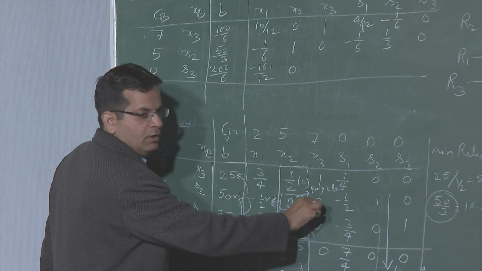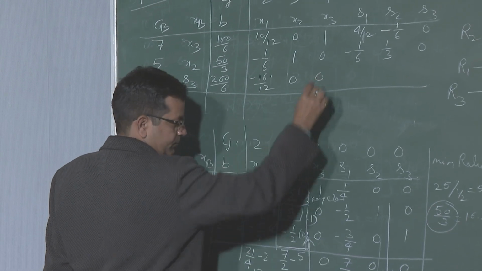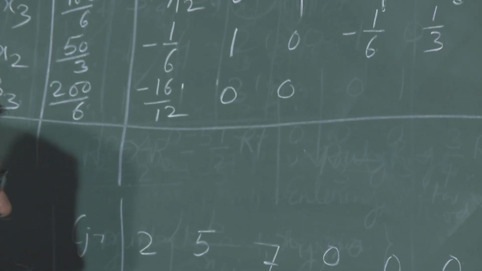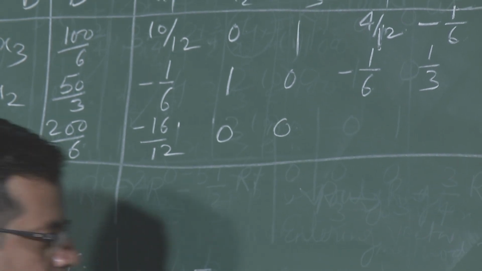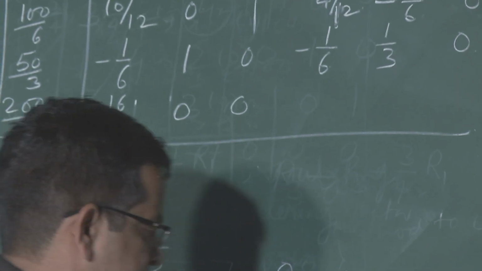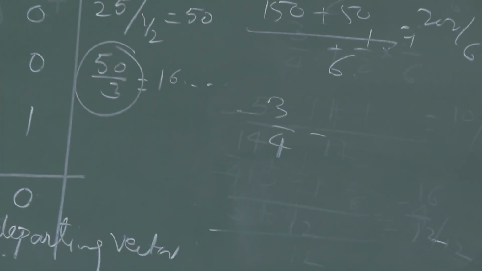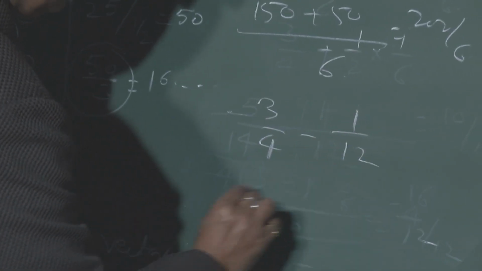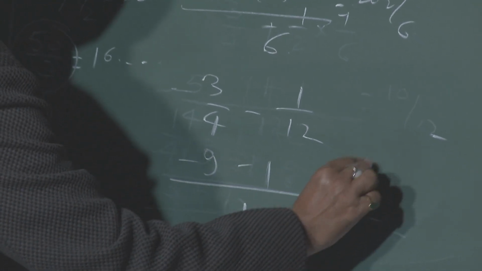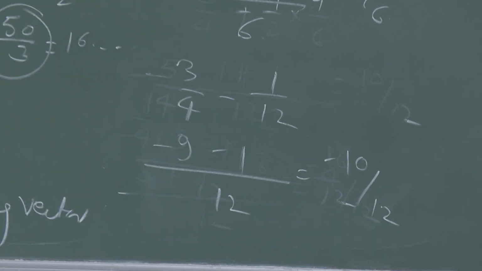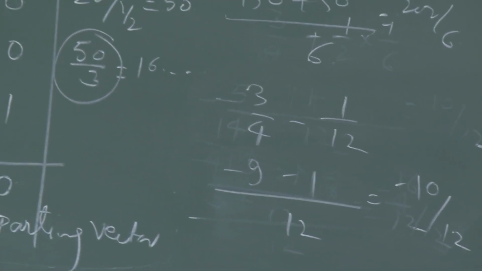Here it is 0, when we multiply and add, we have the same 0, and it is minus half, we have to multiply with the 1 by 6 and add. So what will be the answer? It is minus 3 by 4 minus 1 by 12. So we take the LCM, minus 9, minus 1, minus 10 by 12. Here we put the value minus 10 by 12.